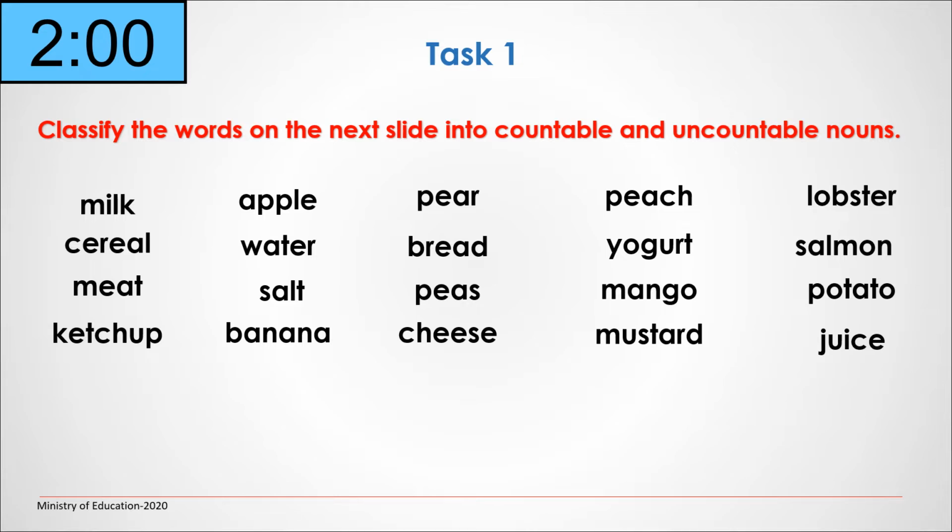Milk, cereal, meat, ketchup, apple, water, salt, banana, pear, bread, peas, cheese, peach, yogurt, mango, mustard, lobster, salmon, potato, juice.